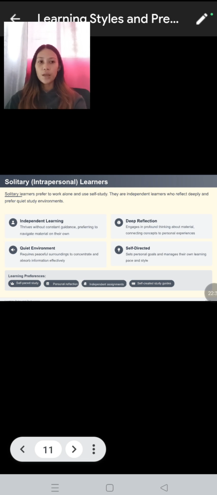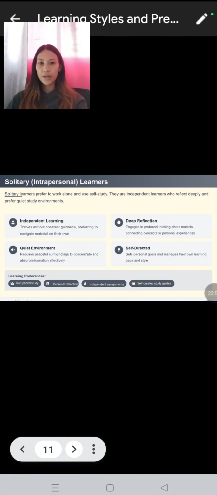So first is independent learning. They thrive without constant guidance. They prefer to navigate new materials on their own, figuring things out for themselves. Next is deep reflection. They engage in profound thinking about the material. They learn best when they can connect new concepts to their own past experiences.